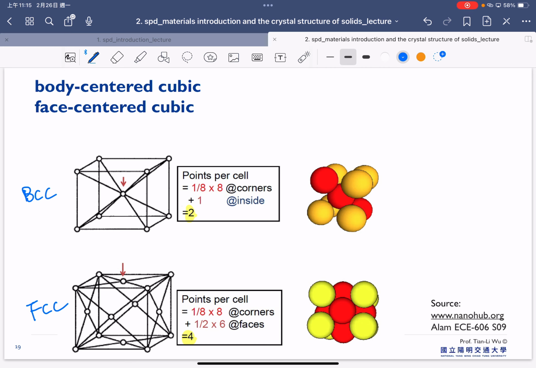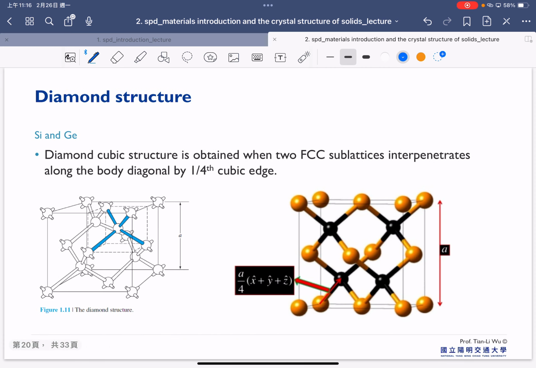And if we consider realistic materials like silicon and germanium, the diamond cubic structure is obtained with 2 FCC sublattices.